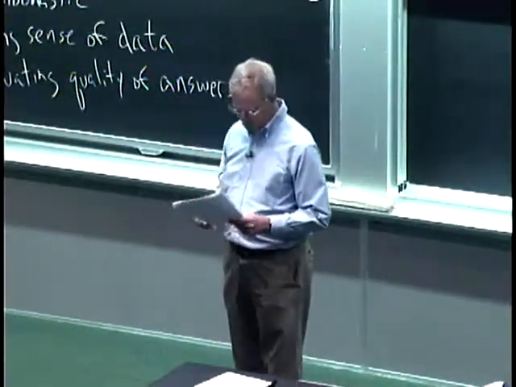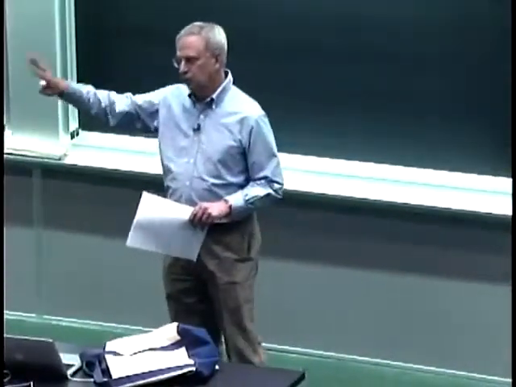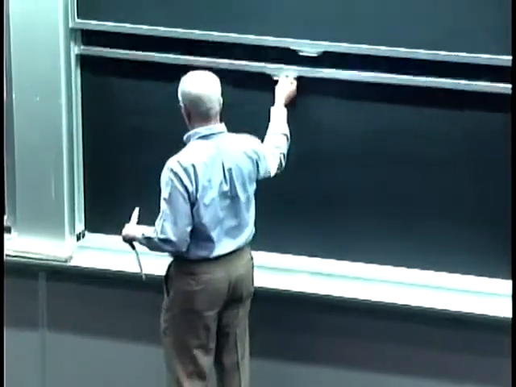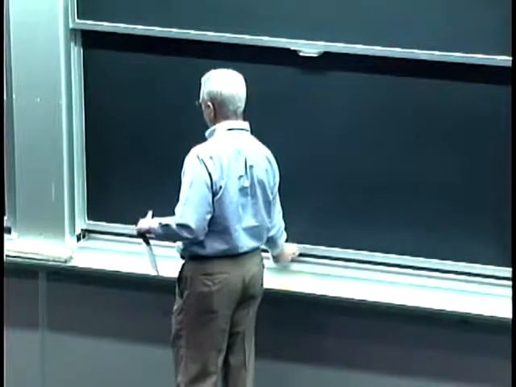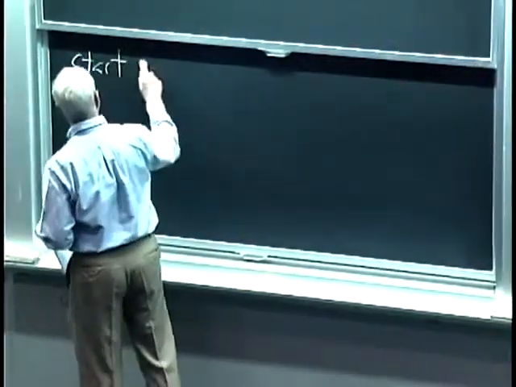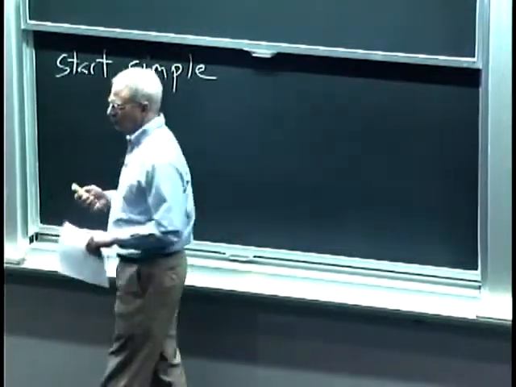So let's start by sketching a simple model of the situation. One of the things I want to stress as we do these things, in developing anything of this nature, is to start simple.